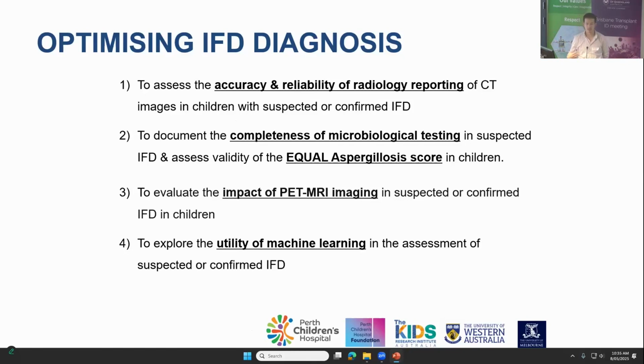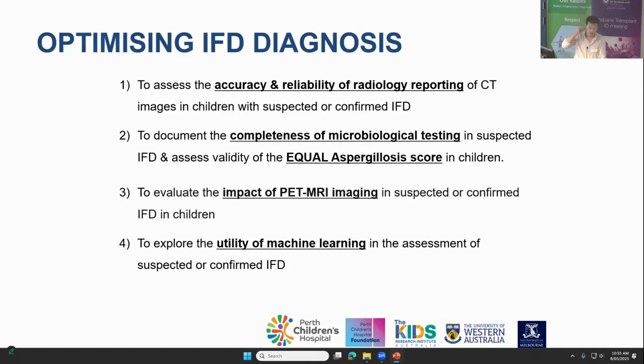And then also assessing how well we're using the microbiology tests and assessing the utility of this EQUAL Aspergillus score, which is a guideline-derived score, focusing on the diagnosis of suspected primary aspergillosis, as well as the initial treatment, to see if this is predictive of outcome. And if so, then that may form the gold standard framework for the workup of these cases in children.